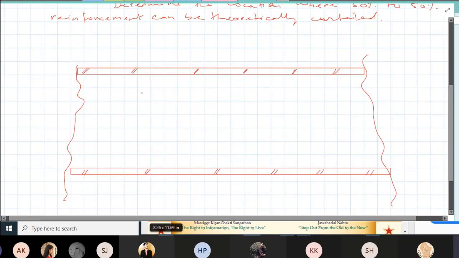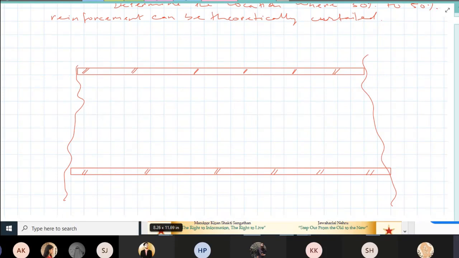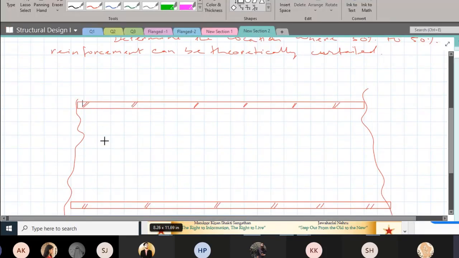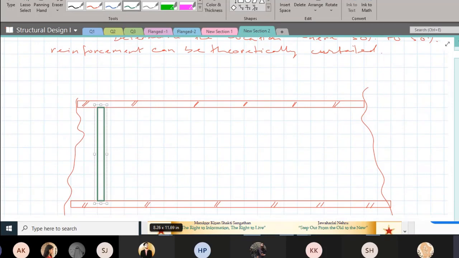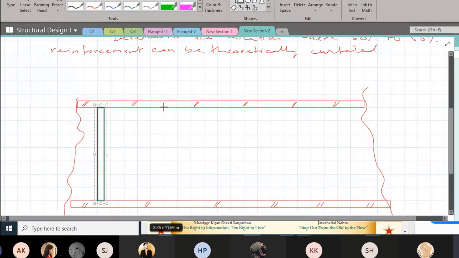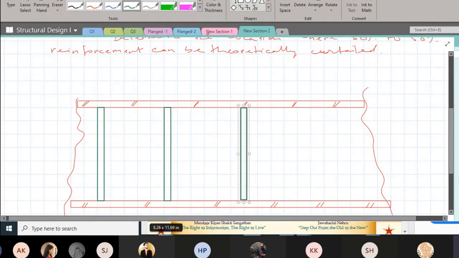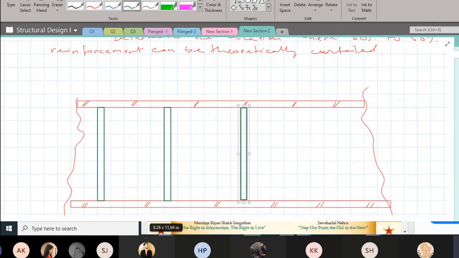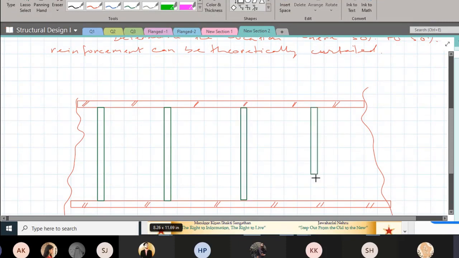In order to support this slab, you are placing a beam here, another beam over here, and like this you are placing these beams. These beam lines are beams which are spaced at 3 meters center to center.